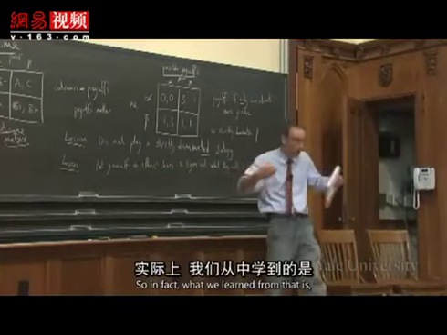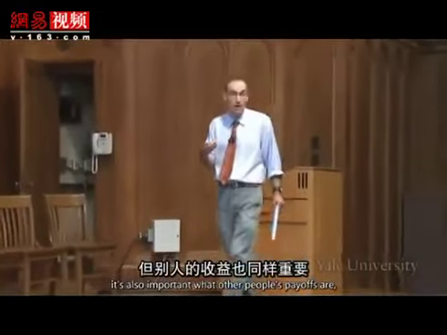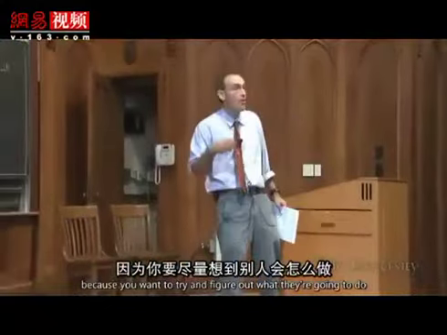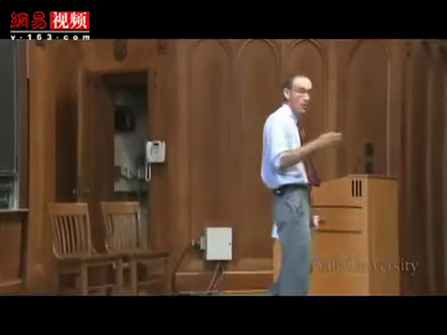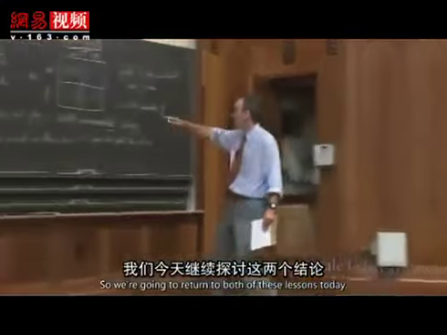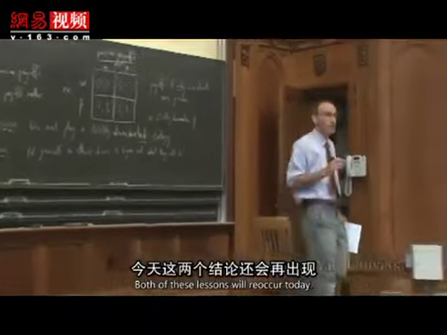Right? So in fact, what we learn from that is it doesn't just matter what your payoffs are, that's obviously important, it's also important what other people's payoffs are, because you want to try and figure out what they're going to do and then respond appropriately. Right? So we're going to return to both of these lessons today. Both these lessons will reoccur today.